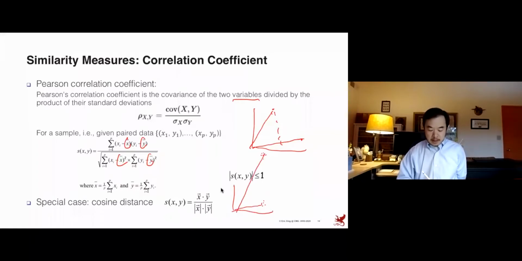And maybe I have another point in here, and another point, for example, in here, right? So if you measure the distances, you will see that these two are very close to each other, and these two are further from each other. But in terms of direction, they move the same way, so they may be similar.